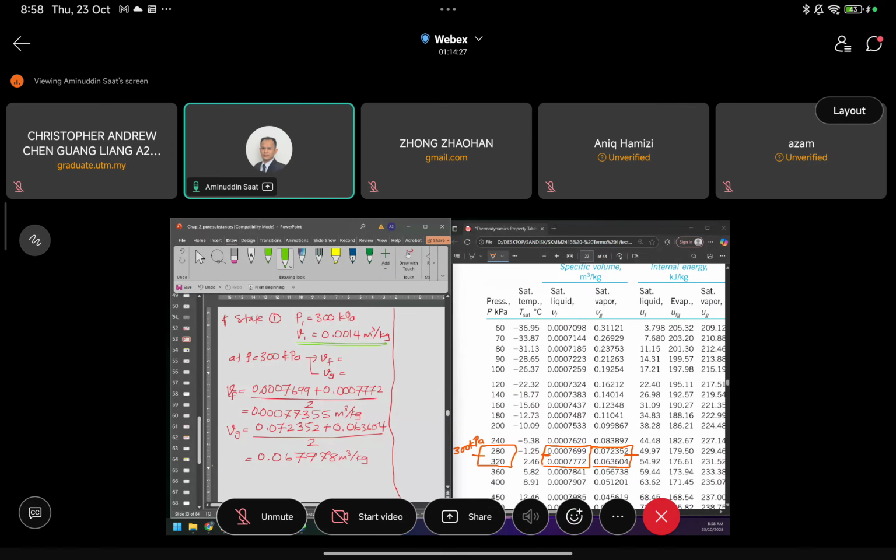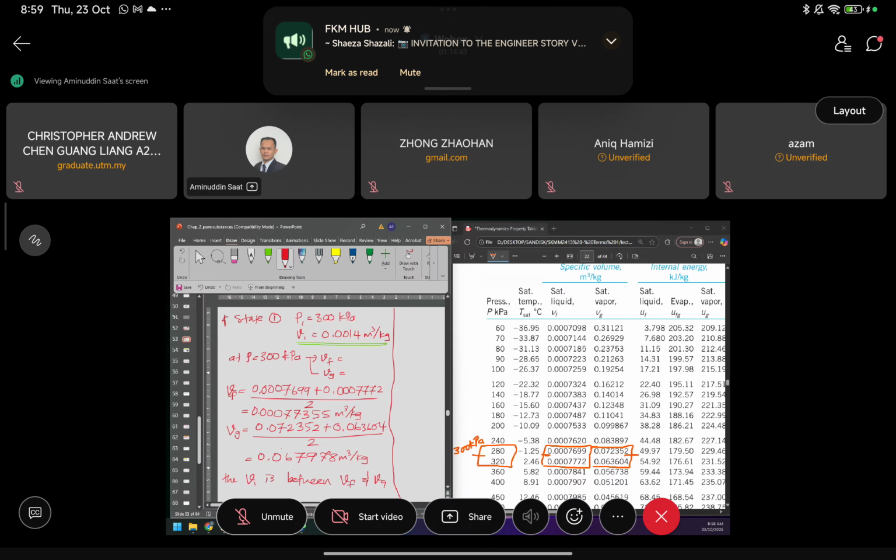So you can see that the V1 is between VF and VG at 300 kilopascal.